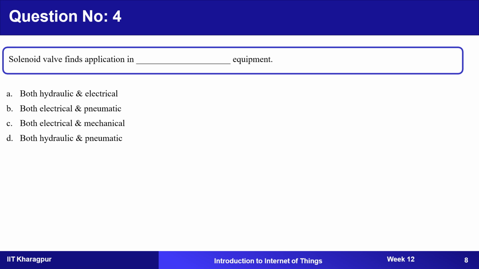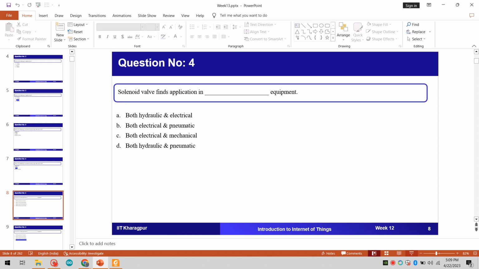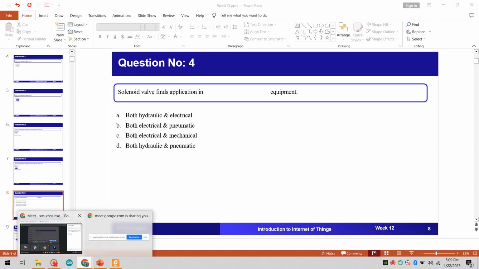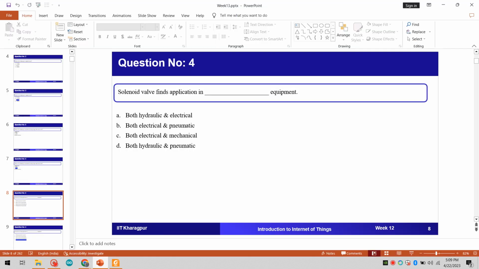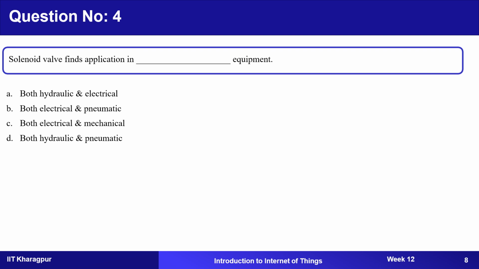Okay. C, ma'am, hydraulic and pneumatic. Okay. Anyone else? First of all, let me check how many people have joined. So, 4. B, electrical and pneumatic. Anyone else? So the correct option for this is hydraulic and pneumatic.